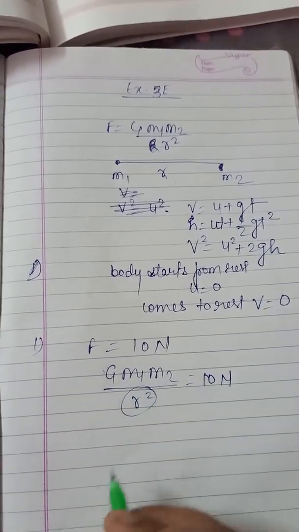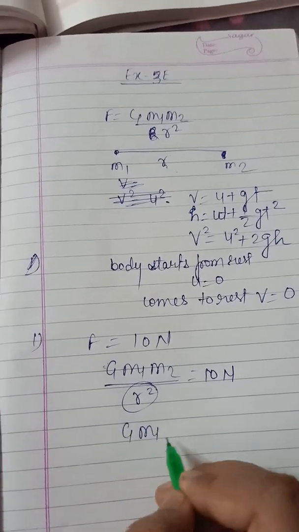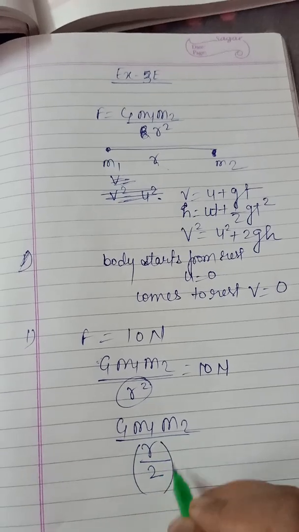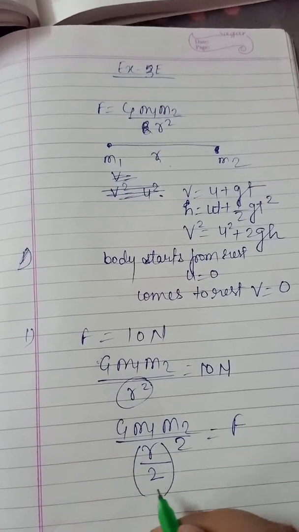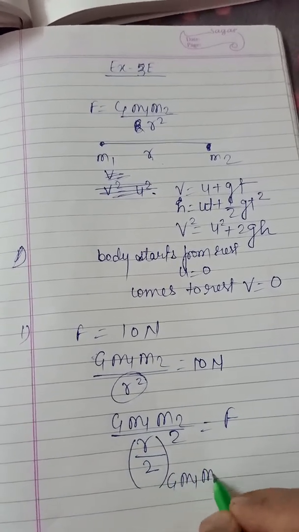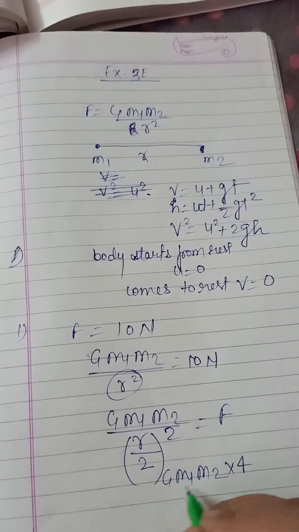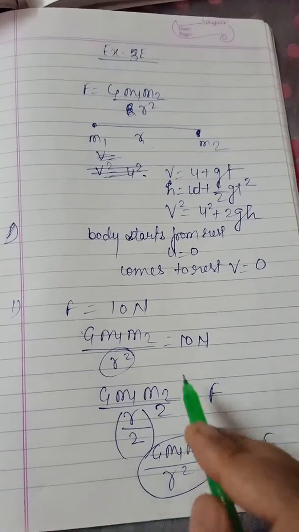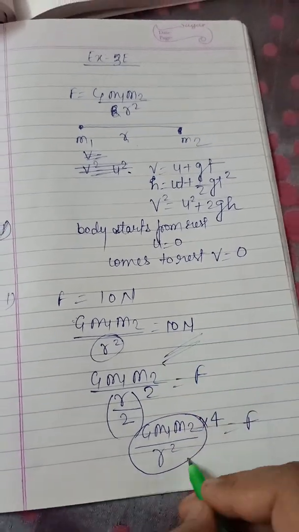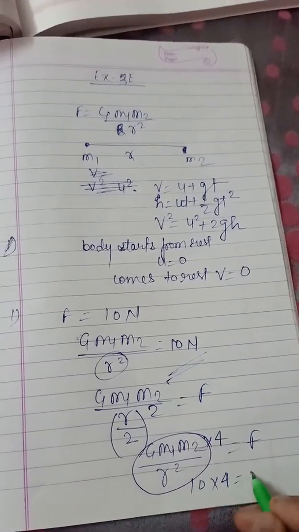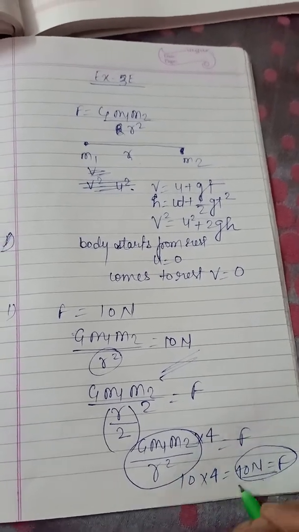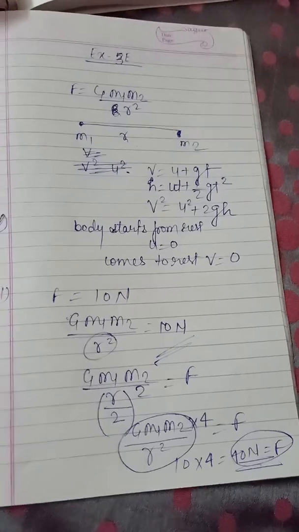But when r is reduced to half, in place of r we have r by 2. Then G m1 m2 into 4 upon r square is equal to F. We know that its value is 10 Newton, so we have 10 into 4, that is 40 Newton. It will be 4 times.